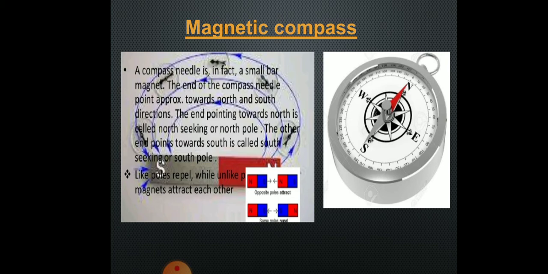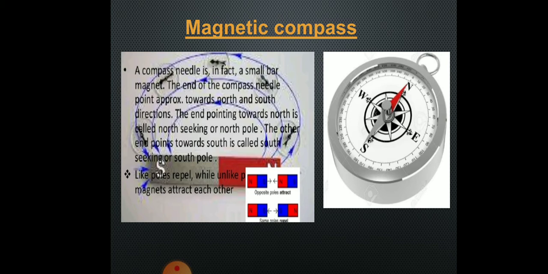Also we know that when it is freely suspended, the north pole of a magnet points towards the north direction and the south pole points towards the south direction. So the needle of a compass is acting as a small magnet. Due to this property of magnet, the compass needle gets deflected in the presence of a magnetic field.